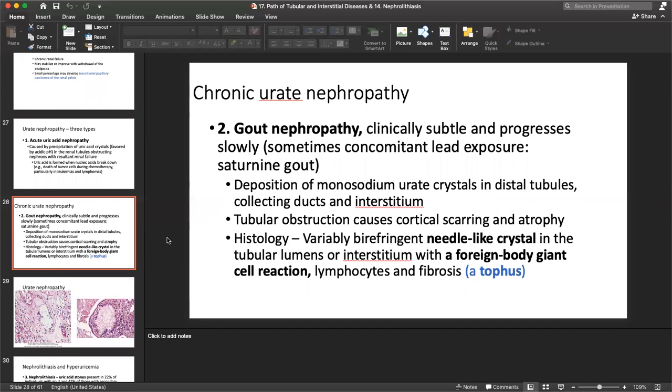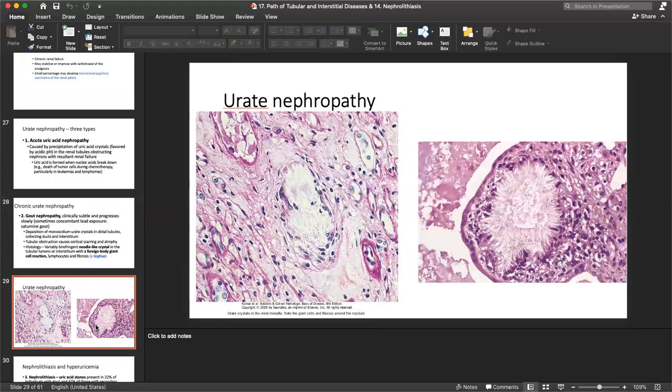Gout is going to be another cause of chronic urate nephropathy. So there's going to be that deposition of monosodium urate crystals in the tubules, and on histology, birefringent needle-like crystals with a tophus reaction. So here's our tophus.